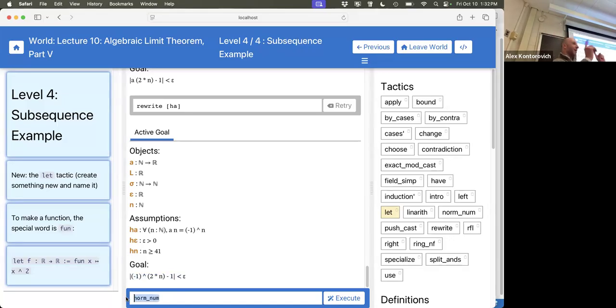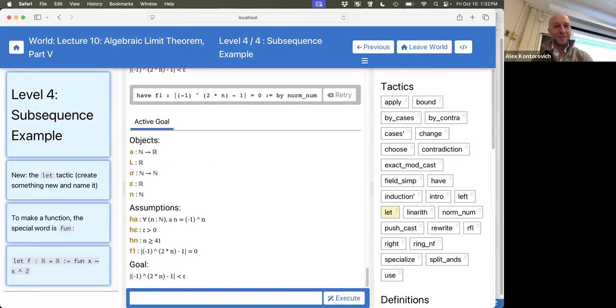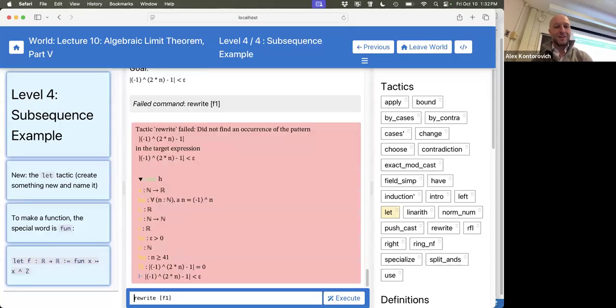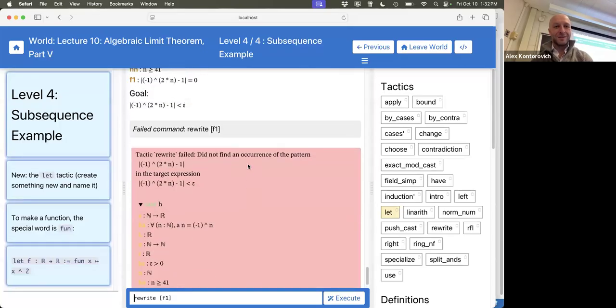Let's get into the practice of not having naked tactics without explaining what they're doing. Have f1, which is that 0, or this thing, is equal to 0. And let's do by norm_num. Will norm_num do it? It did. Okay, and rewrite f1. What?